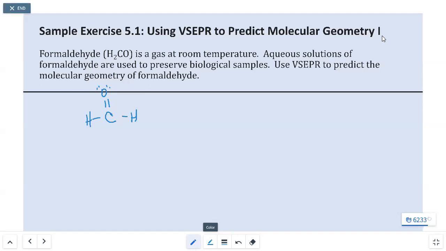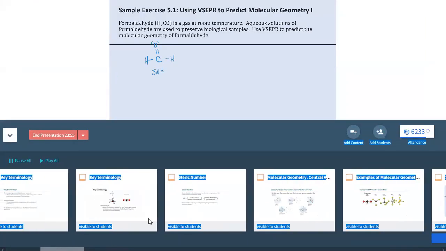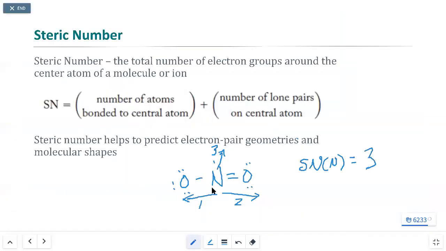Our evaluation process: we first need to determine the steric number. What is the steric number of formaldehyde here? So to answer that question, we have to go back to our definition of steric number.